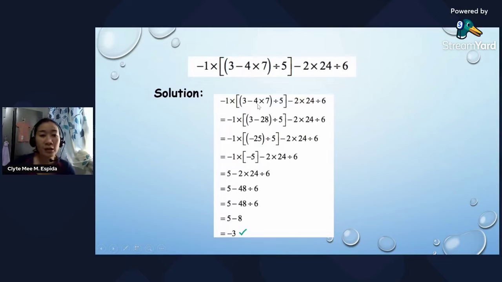So you will have 4 times 7, that's 28. That's why we have 28 in here. When we subtract 3 minus 28, this is negative 25 because 28 is greater than 3. So you have negative 25. Then when we divide negative 25 divide 5, you have negative 5.